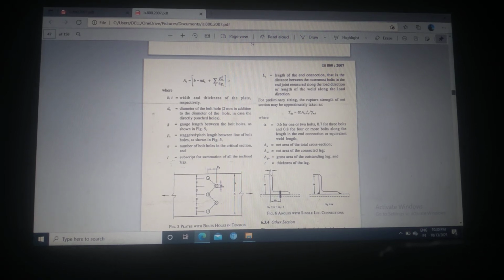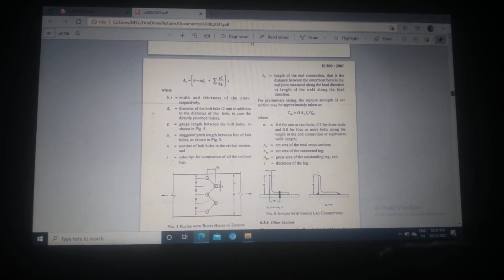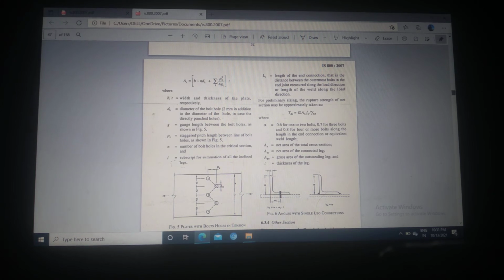So An, the net area of the total ISA, you can find in the steel tables. I am emphasizing this. Just download the steel tables, in which you will find the area of all ISA, unequal angles as well as equal angles. Equal angle means the connected leg and outstanding leg are of the same dimensions, and unequal angle means they are of different dimensions. So just download it.